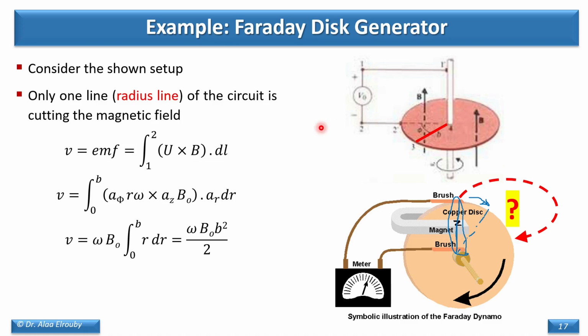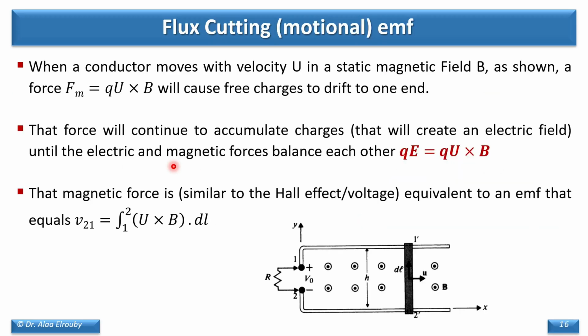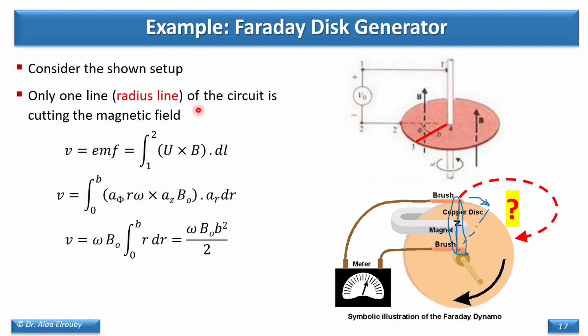If we want to calculate the potential difference generated by this dynamo, we can just calculate the EMF, electromotive force. The EMF in this case equals what we had in the previous slide, U cross B, because U cross B at equilibrium equals E dot dl.